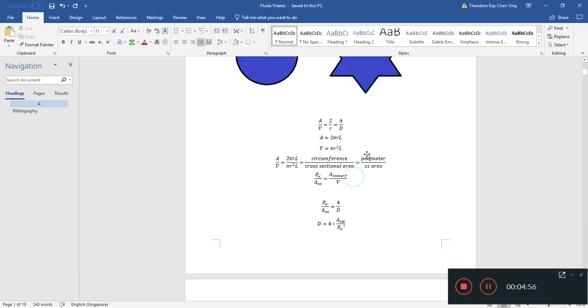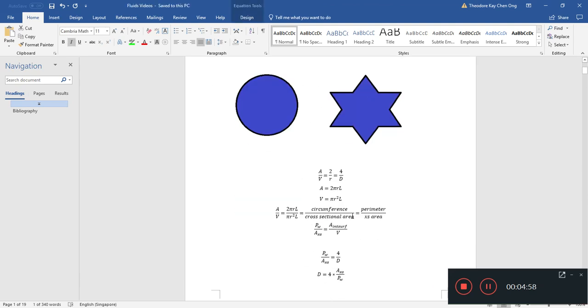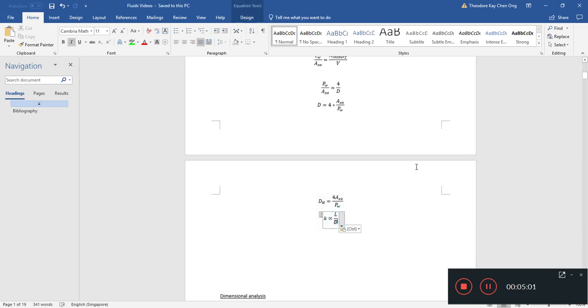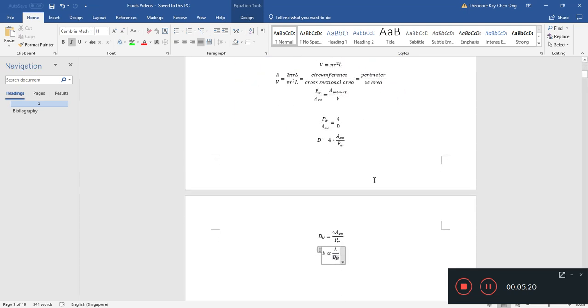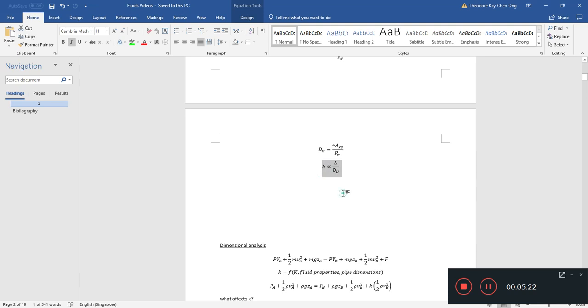So it's kind of interesting, right? We have pipes of all shapes and sizes. It can be a cylinder, or a star shape, or a square cross section, and all of this geometry is, at least from a fluid's perspective, distilled down to the ratio of the length to the hydraulic diameter.